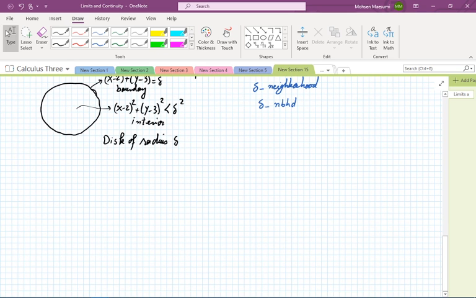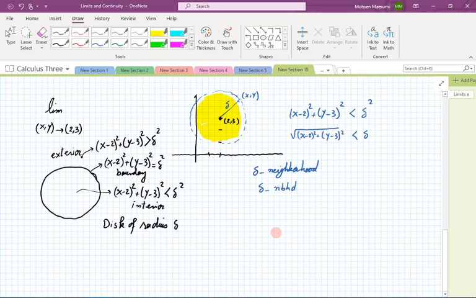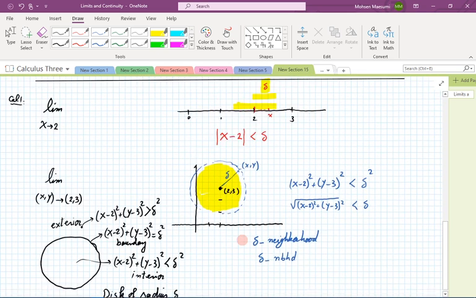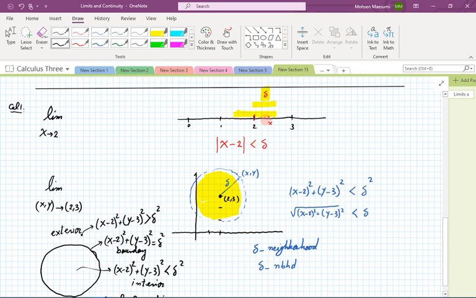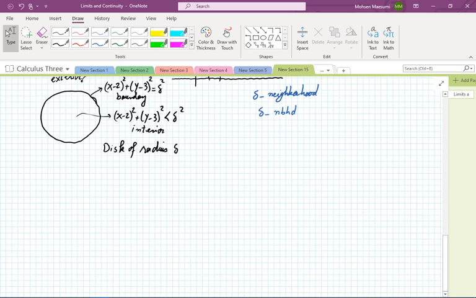Okay, when we start talking about neighborhoods and how close we are to a certain point, we naturally come to the concept of an interval. Or when you solve inequalities, you come across the concept of interval. So in 1D, back in calculus 1 or pre-calculus, the concept of interval was very straightforward. You are on the real number line.